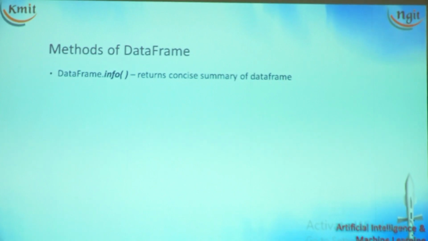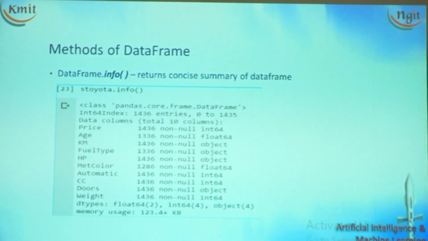Info, very important. So what do you think info will give you? An overview of the data. Yes. It is going to give me an entire overview. Info is a very important method, everybody. Please do that, info.